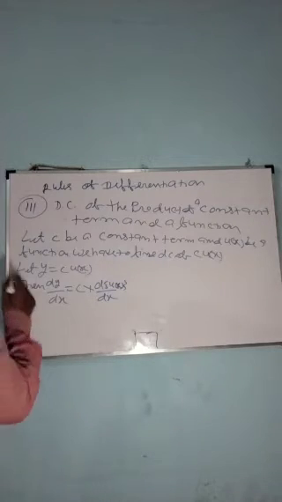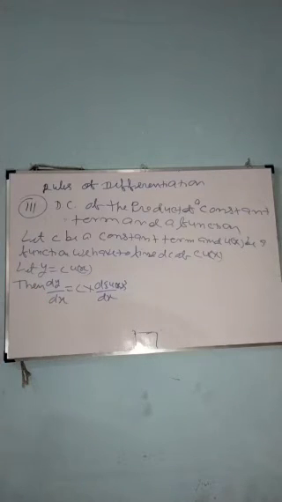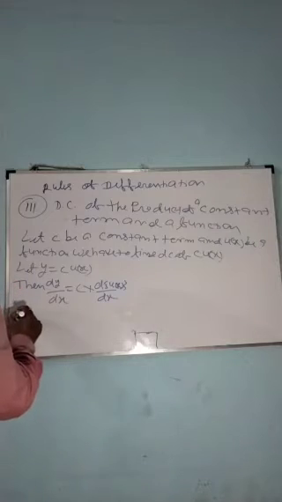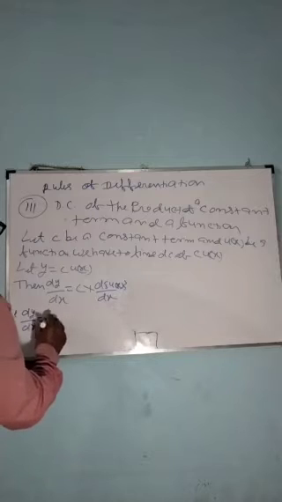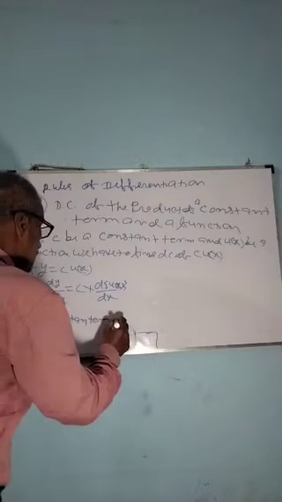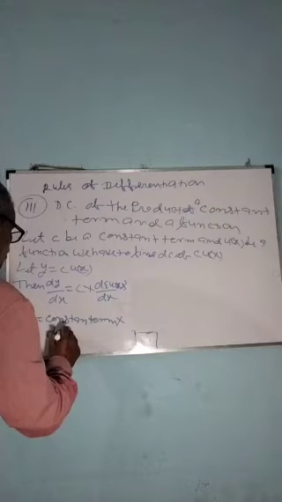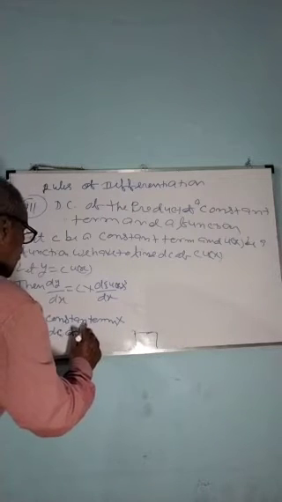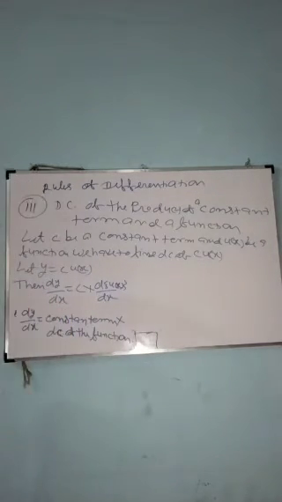That is, dy by dx is equal to the constant term into the DC of the function.